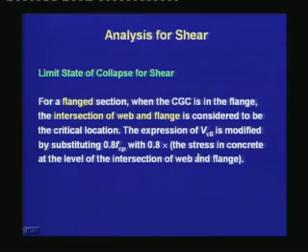This stress can be found out by the elastic analysis that we had seen under the analysis of sections for flexure, and we can use the same expression as before for the shear causing web shear cracks, but we are substituting 0.8 fcp by 0.8 times the stress at the level of the intersection of the web and the flange.